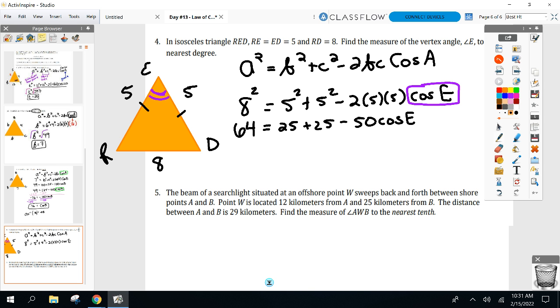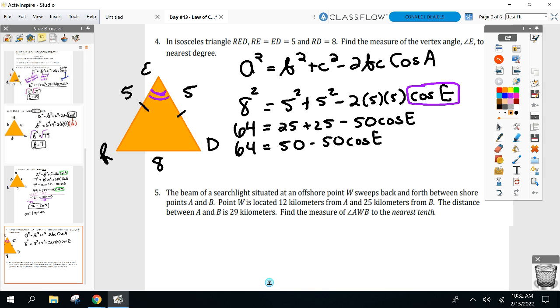Come on, dig deep. Don't subtract the 50s. You're better than that.